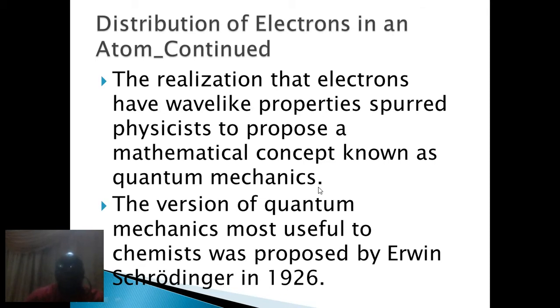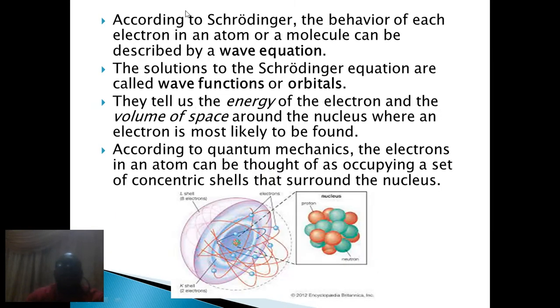So this is another gentleman that contributed to the structure of the atom. According to Schrödinger, the behavior of each electron in an atom or a molecule can be described by a wave equation. The solutions to the Schrödinger equation are called wave functions or orbitals, and this is where orbitals come in.